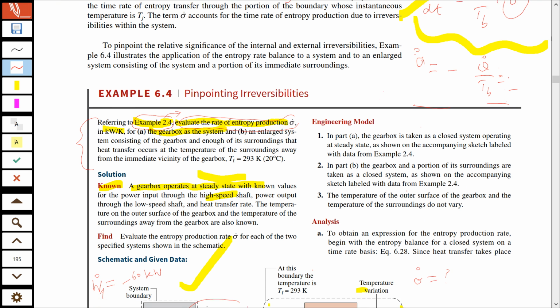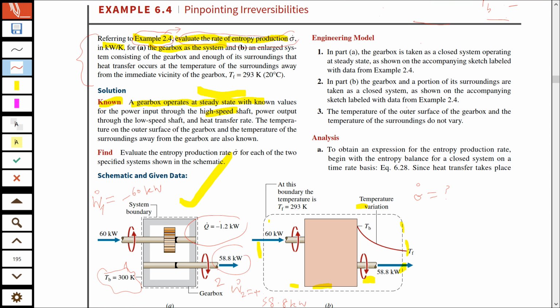Q dot is given in the diagram, which is negative, so minus of that will be 1.2. Because of that minus and minus, it cancels out, so you have 1.2 kilowatts, and in the denominator you have TB, which is 300 kelvins.